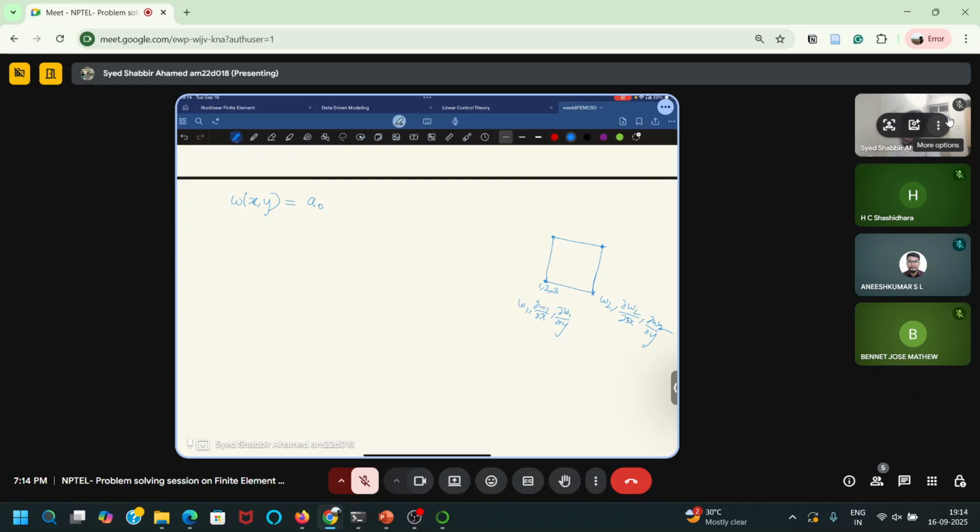I want the polynomial which I am taking to have 12 terms. If I'm taking this 4-noded plate element, I should have 12 terms. So this will look like this. This is basically like you take the Pascal triangle and do all these things.